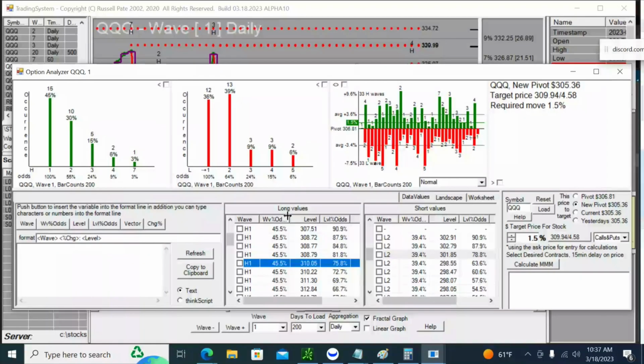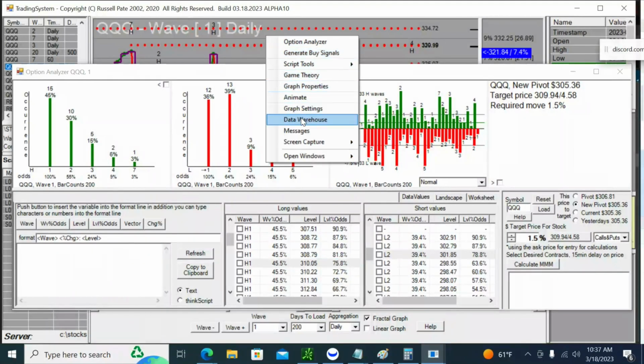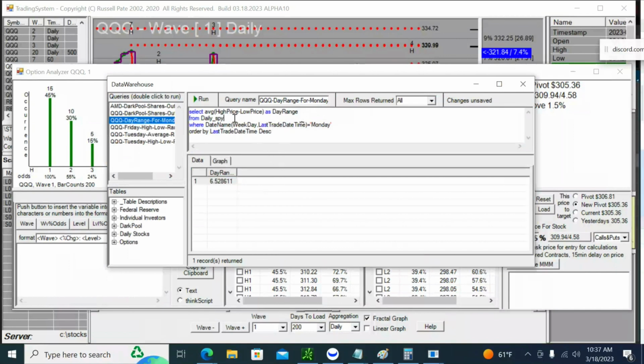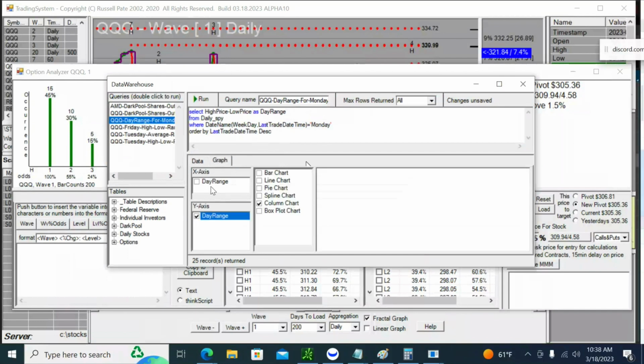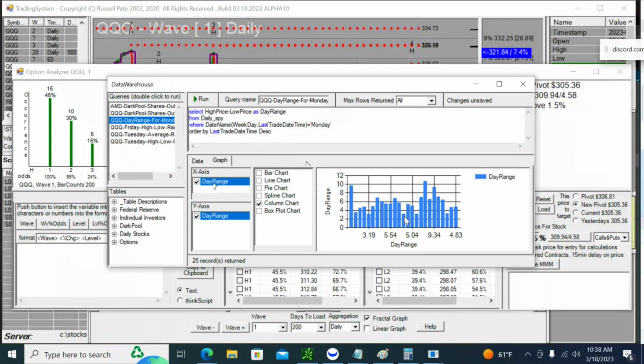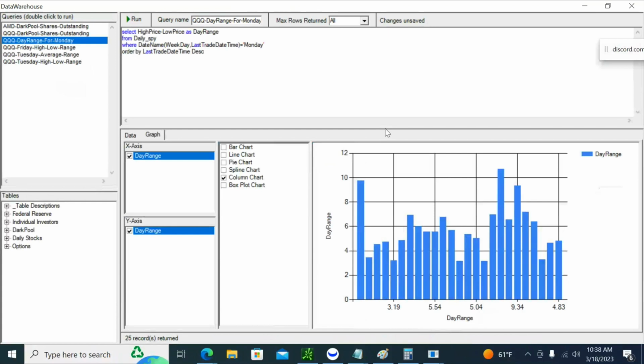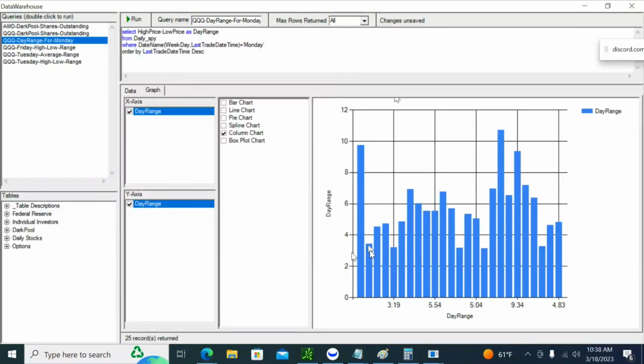When I come in here, let me see what this looks like. Let's pick on Mondays. These bars represent the range for every Monday that's stored in the data warehouse. I can see down, so between 2 and 4, of course, is 3. Sometimes we have an anemic move, a 3-point range.